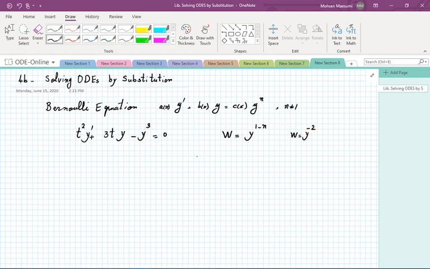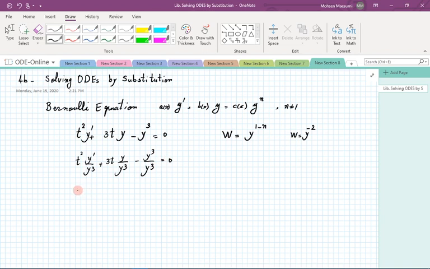Now to substitute, perhaps the easiest thing is to take this equation and divide all of it with y cubed first. So I get t squared y prime over y cubed plus 3t y over y cubed, and then minus y cubed over y cubed is equal to 0.